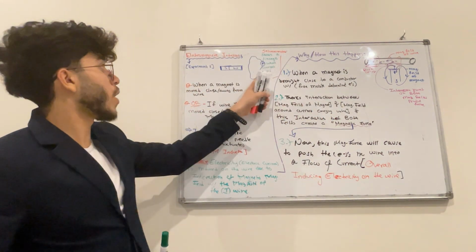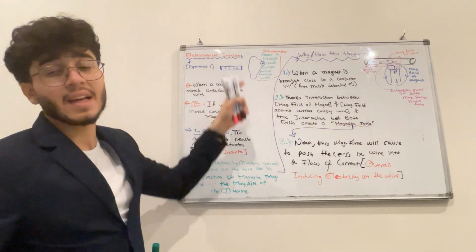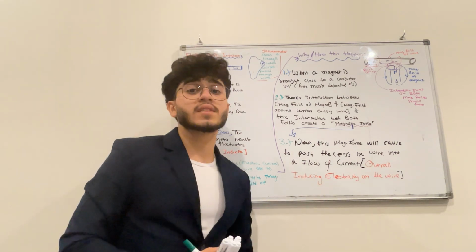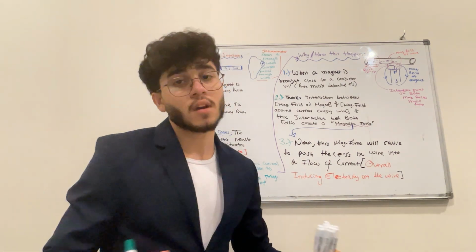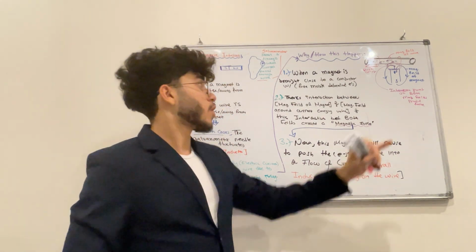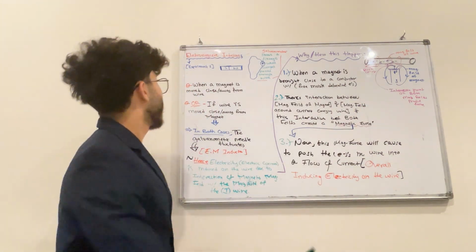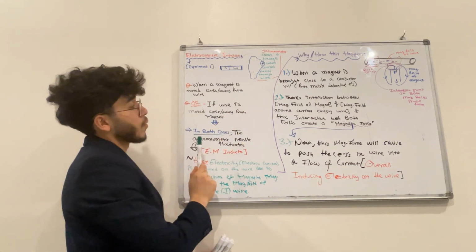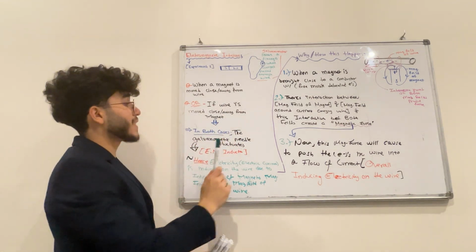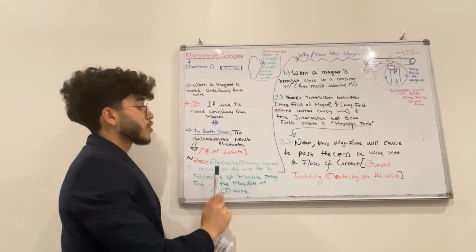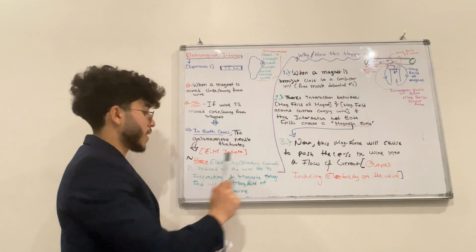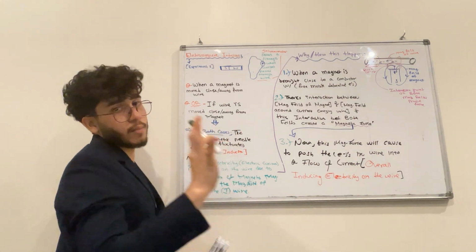So the magnetic field of this wire interacted with the magnetic field of the magnet, and due to this interaction, there was a magnetic force. This magnetic force caused the electrons to be pushed, which created a current or flow of electrons. When a magnet was moved close to or away from the wire, the galvanometer fluctuated, so basically electric current was induced due to interaction of both magnetic fields.